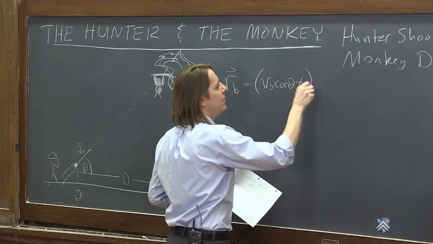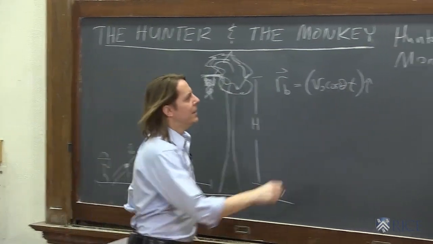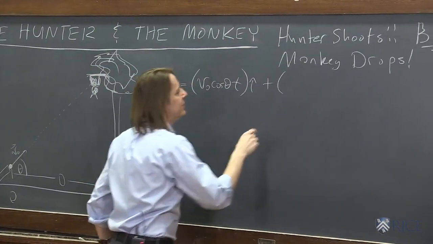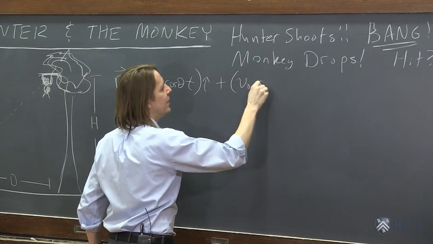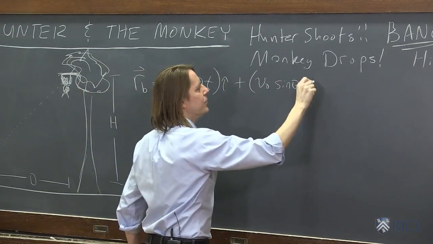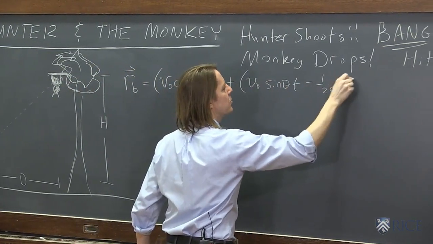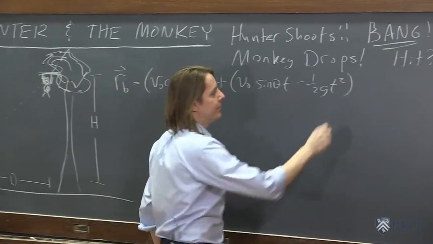And that's all it has in that direction. There's no acceleration in the horizontal. In the vertical, it has 0 offset. It has v naught sine theta t, that's its initial y velocity, and it does drop at 1/2 g t squared in the y, because gravity pulls down the bullet, right?